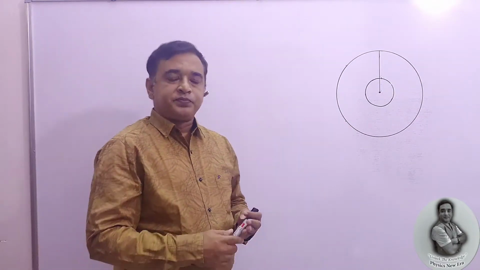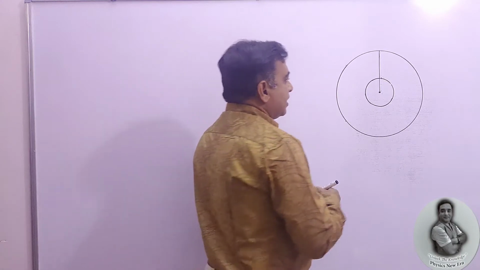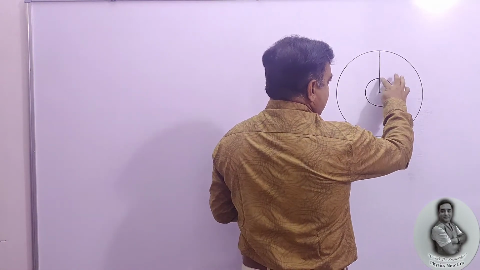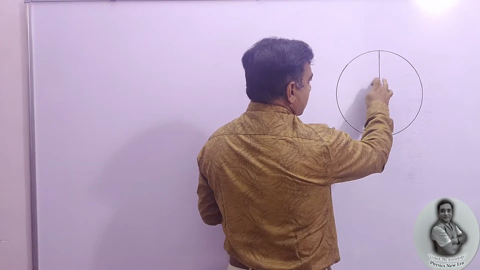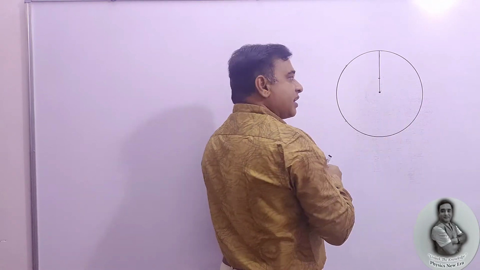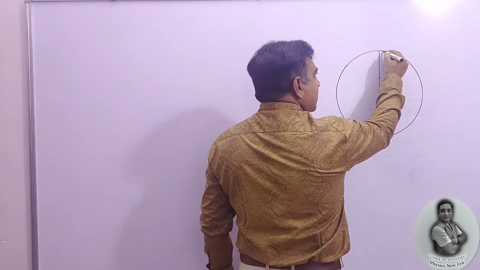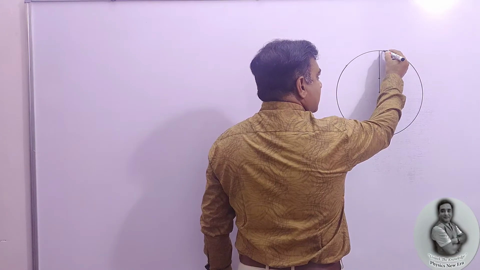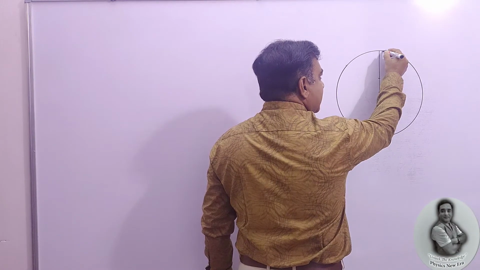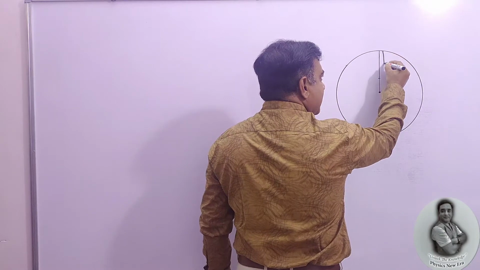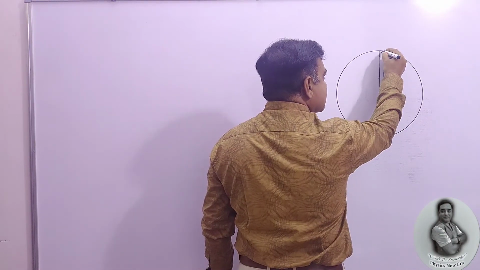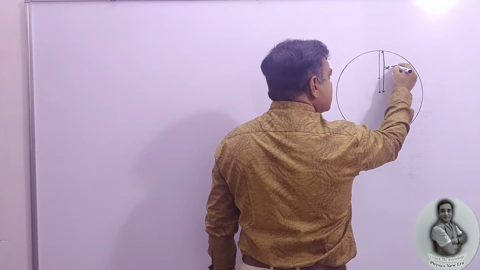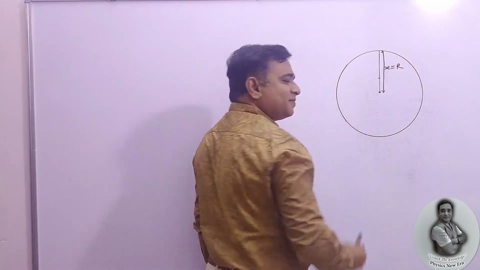See the diagram. This is your radius. If I start digging from the surface and reach the center, let us consider this distance is equal to x, but this distance is equal to the radius of the earth.